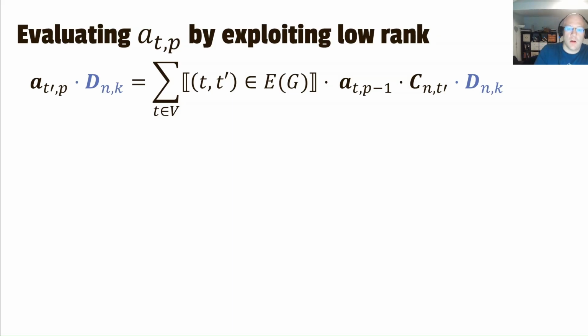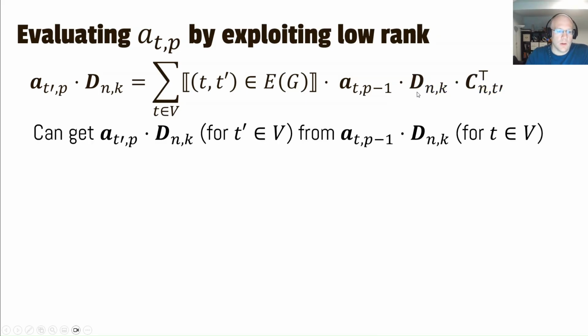However, we can use the commutativity property to swap these two around, and what we see now is that if we are interested in the entry A_{t',p} times D, then we only need to know the information about the entries A_{t,p-1} times D. So it is sufficient to just compute this image of A with respect to D instead of A completely.